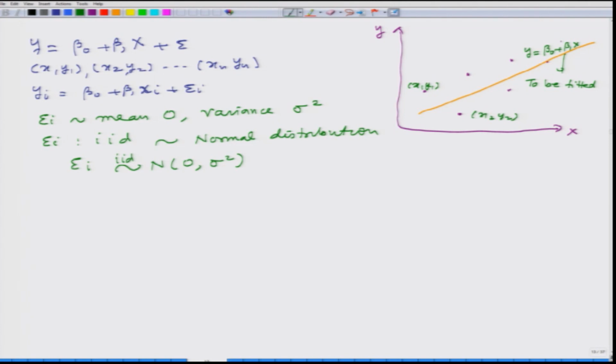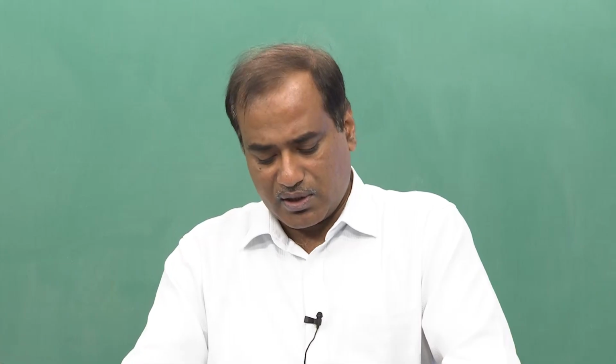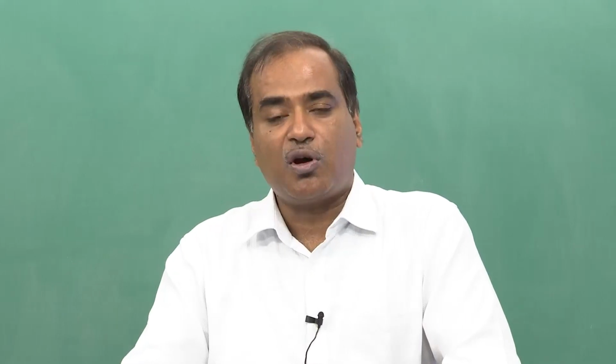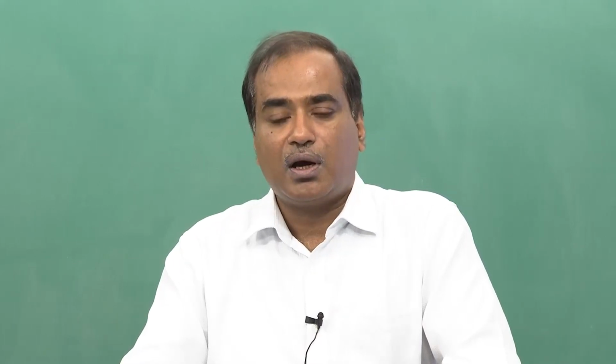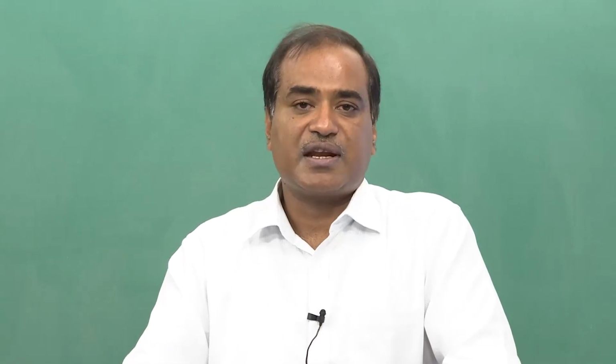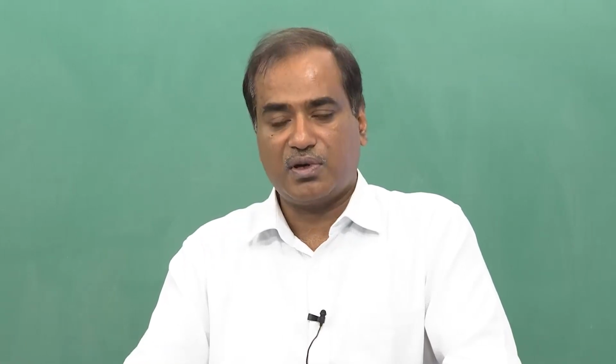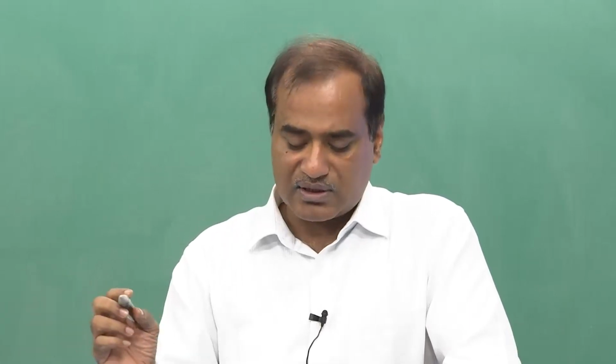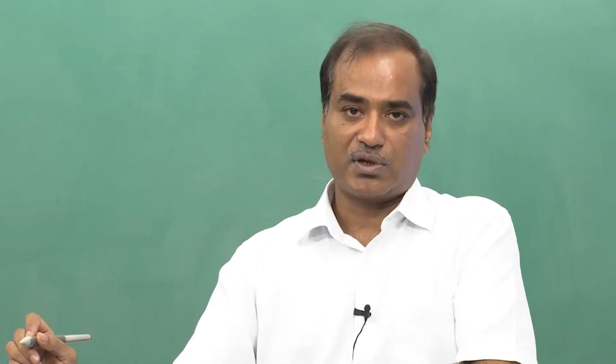I would like to make one note that when we are going for the least square estimation, this assumption of normal distribution will not be used. When we are going for the test of hypothesis and confidence interval estimation, then only this assumption of normality will be used.